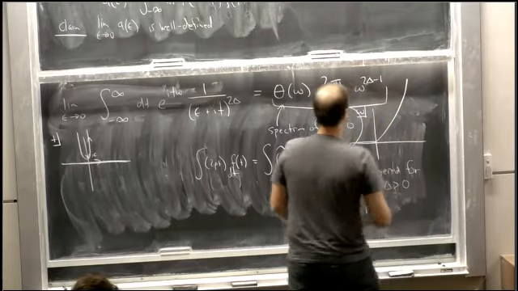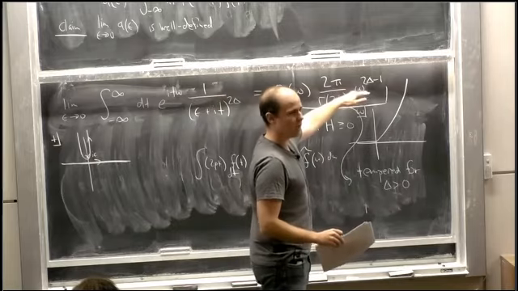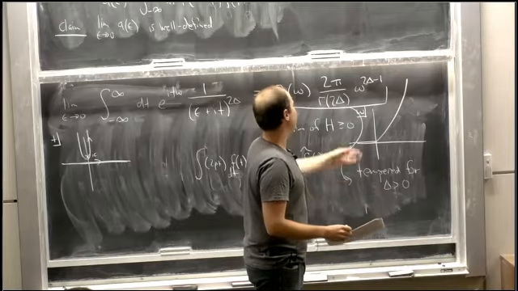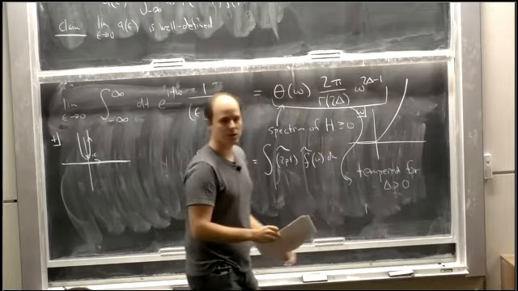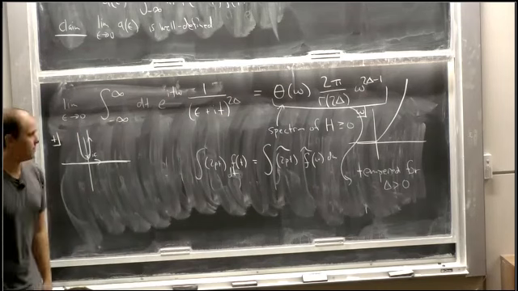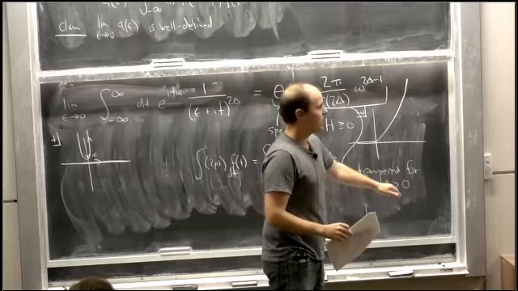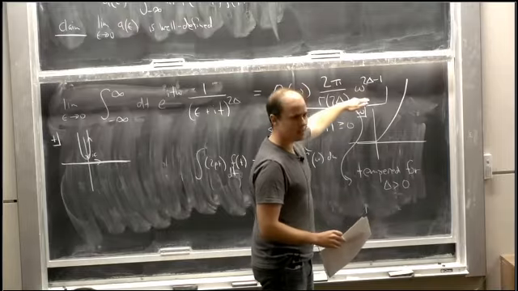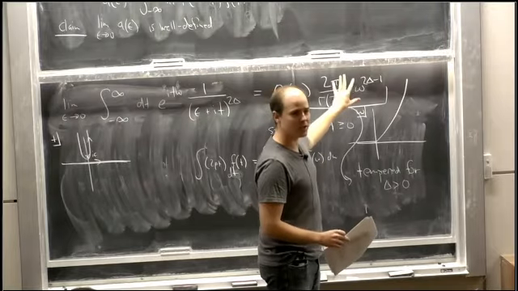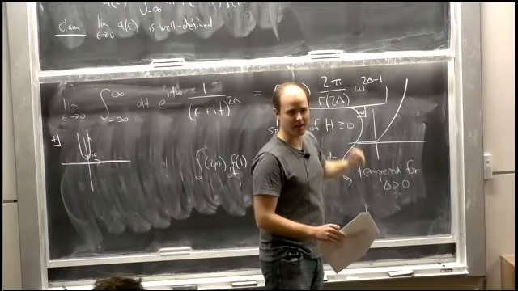If delta is bigger than 0, then this thing has an integrable singularity at omega equals 0, or no singularity at omega equals 0 if delta is sufficiently large. So it can easily be integrated against a Schwartz function. But we could ask, what if delta is less than 0? In that case, it looks like this thing fails to be tempered. But actually, that's a problem with the calculation that I did and not the actual thing.